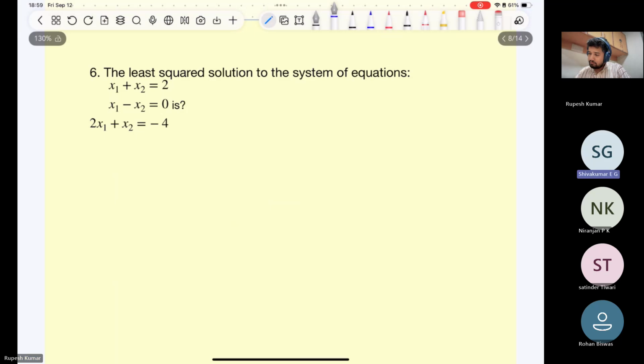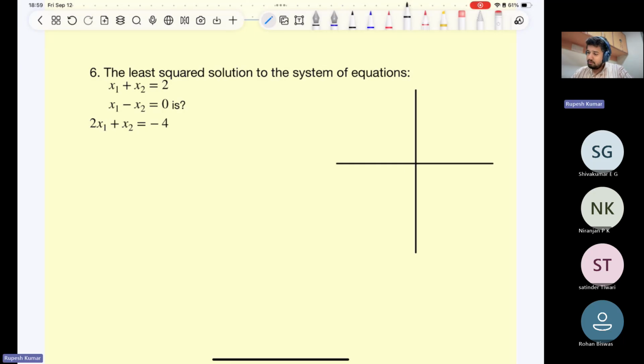Now let's say I have this XY plane, and in the XY plane I have some set of equations. So let's say I have three equations: AX plus BY equals 0, A1X plus B1Y, A2.